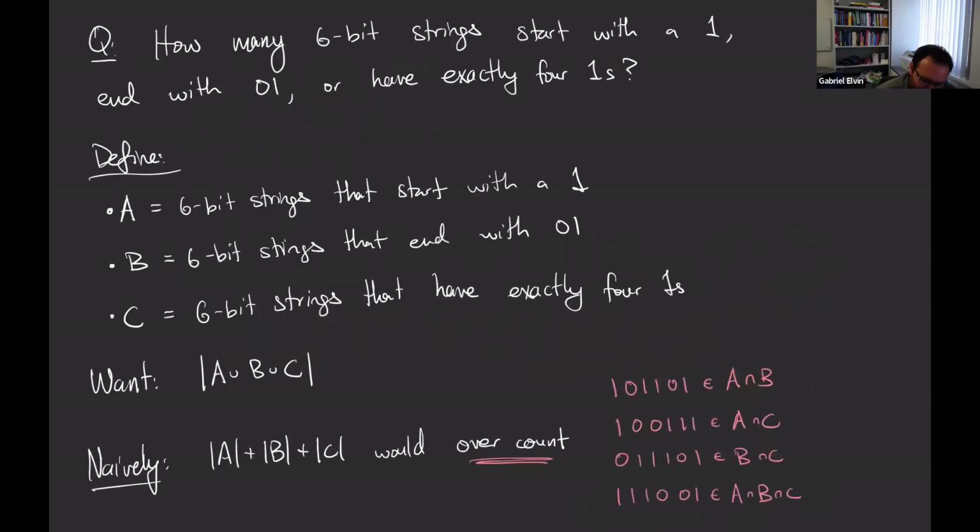So remember what A actually is: the 6-bit strings that start with a 1. If I have an example string, let's say positions 1, 2, 3, 4, 5, 6, I have 6 positions to fill.